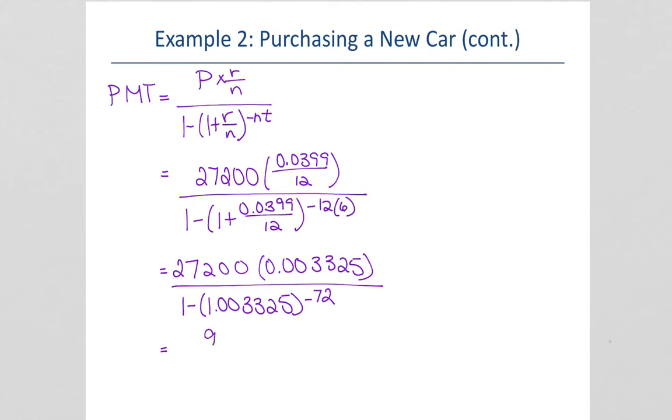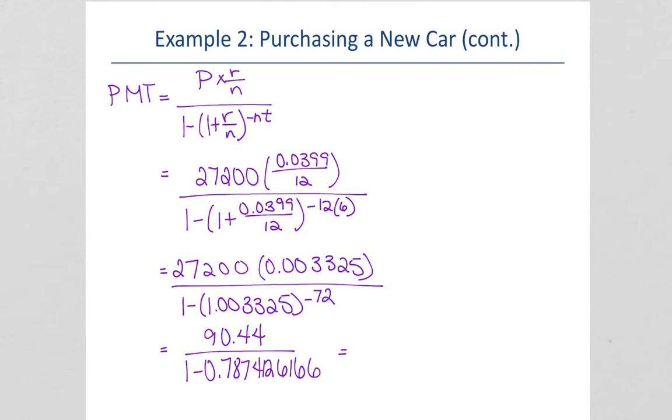So multiply on the top, we get 90.44. And on the bottom, raise to the negative 72nd power. We get 0.7874126166.